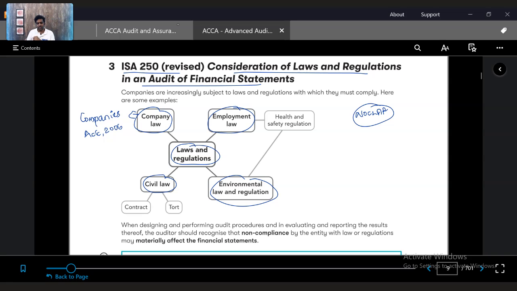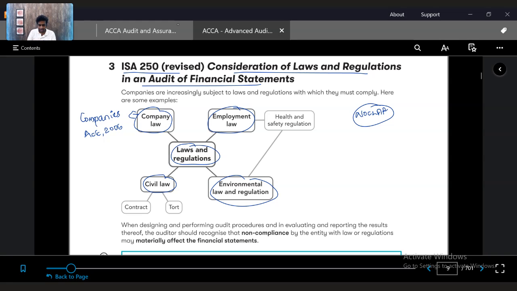This Companies Act has a direct impact on the financial statements, because as per the Companies Act, the company has to make certain disclosures, record certain amounts, and prepare the financial statements in a specific form and content as required by the Companies Act. So not following the Companies Act can have a direct effect on the financial statements.